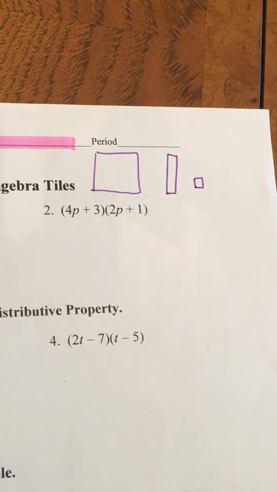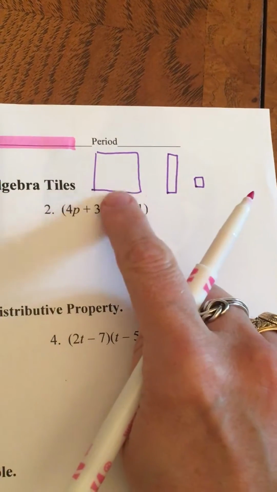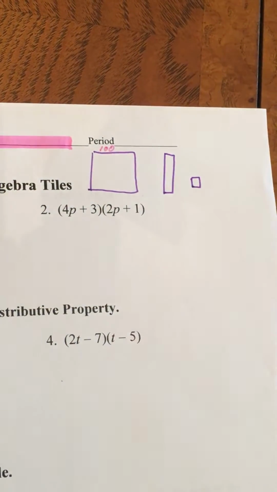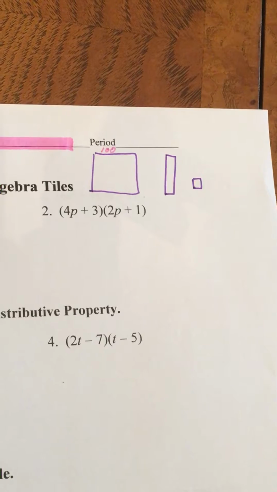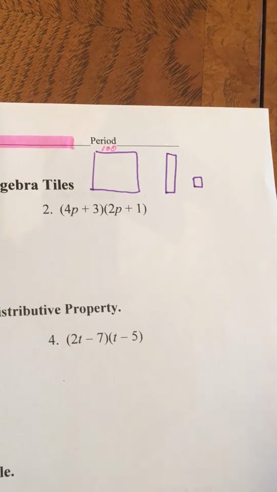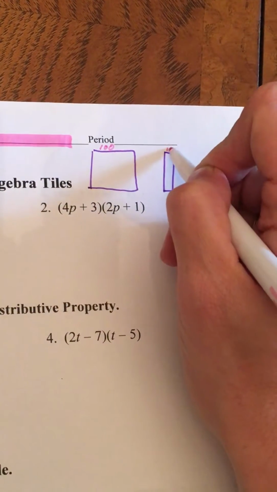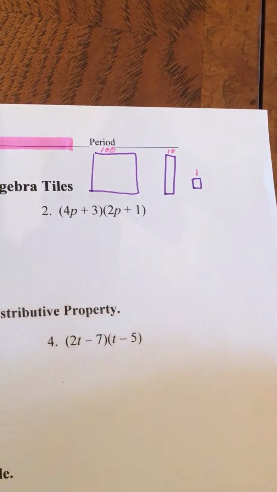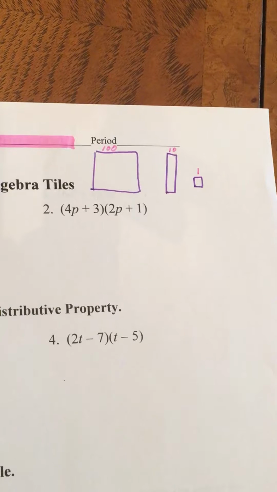When you were in elementary school, the giant square was worth 100 units of something. The stick was worth 10 units of something, and the baby box was worth 1 unit of something.